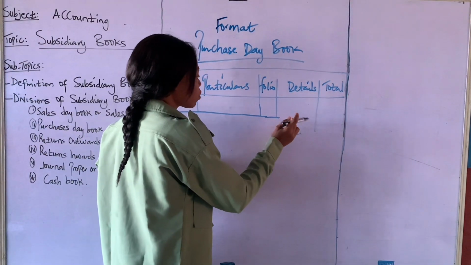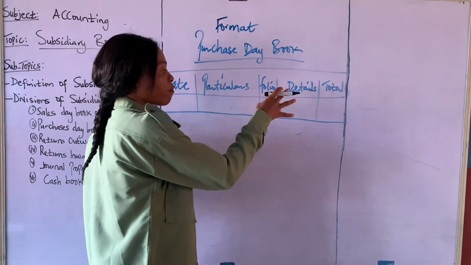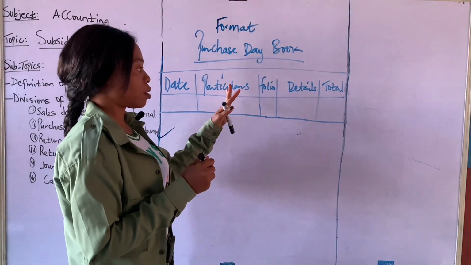You don't have to record such a transaction here. And any purchase that has to do with cash, you will not find expression here. This is just for credit purchases.